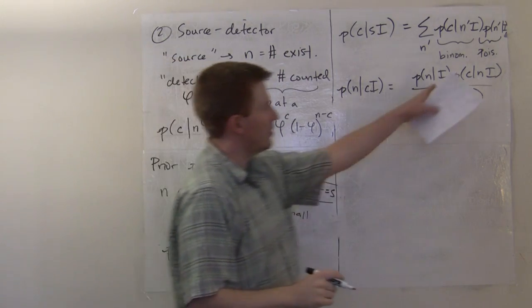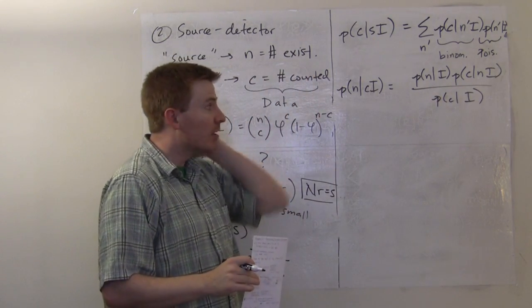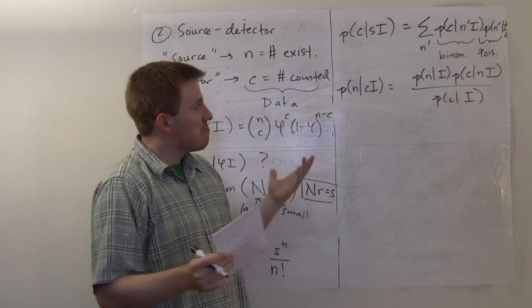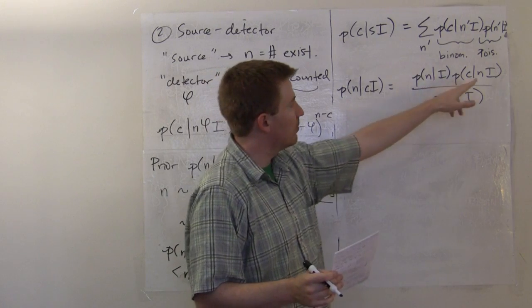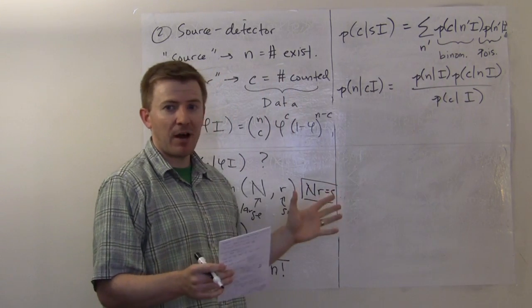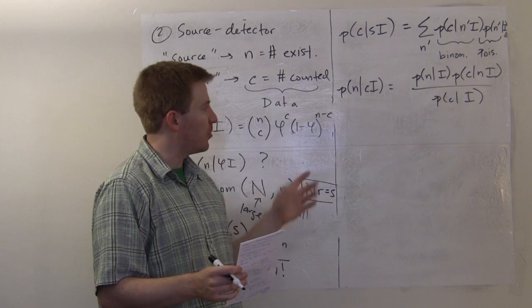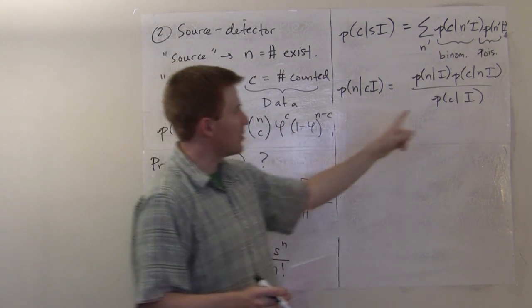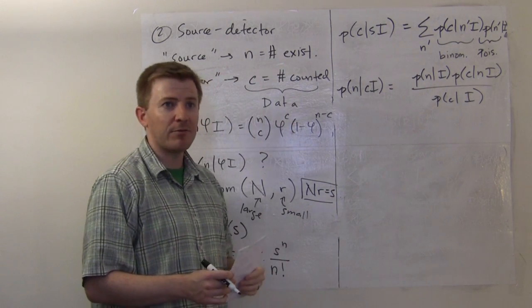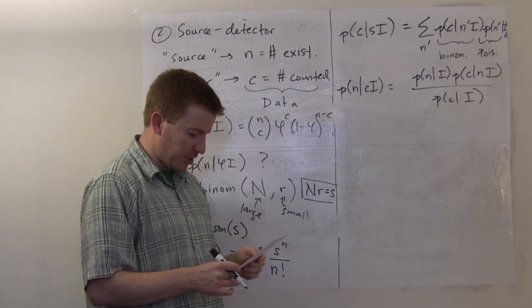There are s's in the background information. Basically we're done. We have all the ingredients we need for each of these components. I won't write out all the arithmetic because it gets a little hairy with adding up these binomial coefficients times Poisson terms, but we have, in principle, everything we need.